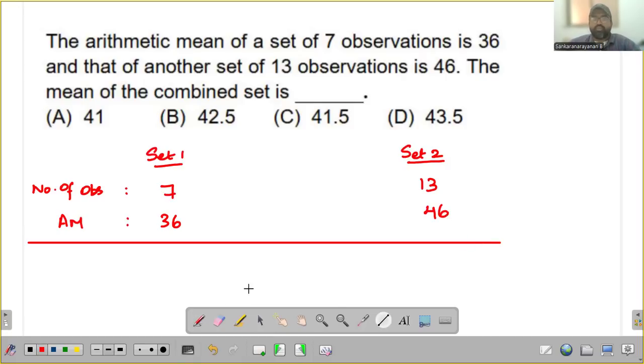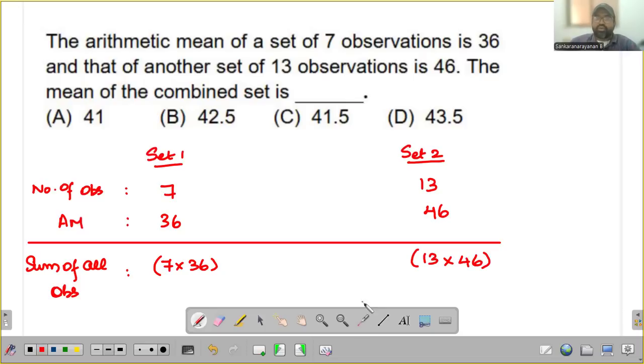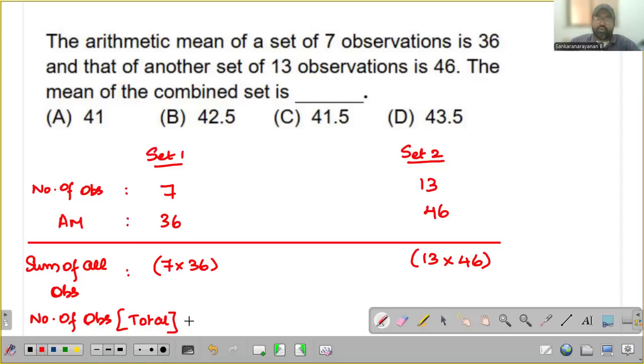So with the help of these two, I can find the sum of all observations. That will be 7 into 36 here, and 13 into 46 here. The total number of observations, you know how much it will be? 7 plus 13, that is equal to 20.